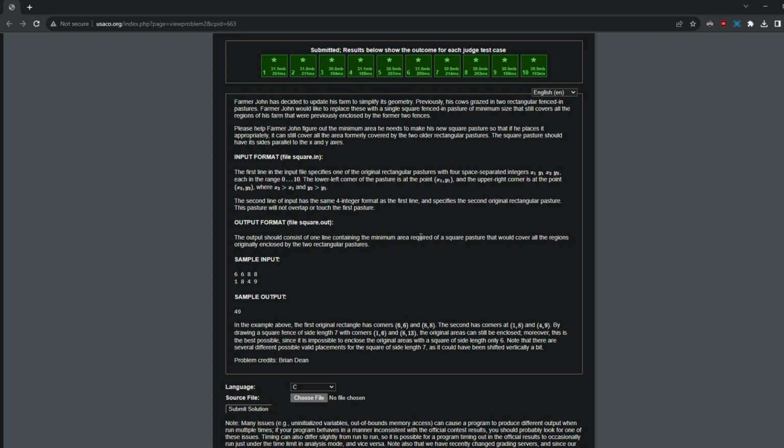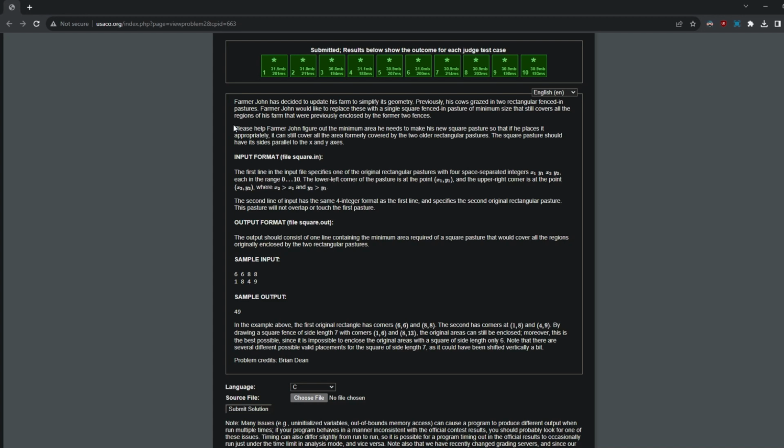If you think about it, obviously the area of the new square fence has to be equal to or greater than the area that was made with the rectangle fences, whether they overlapped or not. So in our problem, all we need to do is find the minimum area that Farmer John needs to use to make his new square pasture.